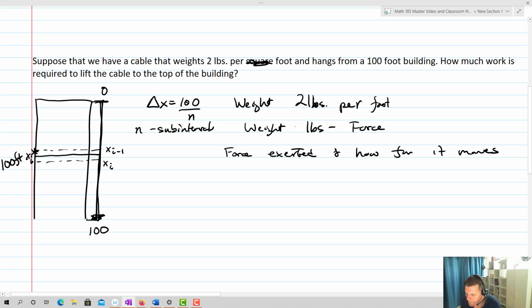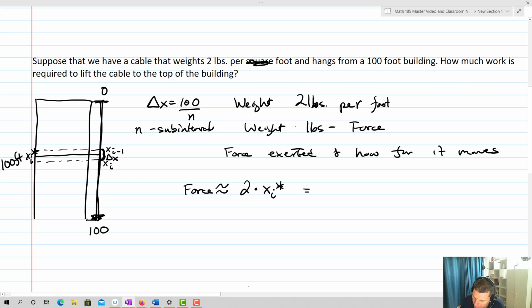And this is delta x, a particular distance that our object is going to travel. Now, the force acting upon this ith interval is going to be approximately 2 times xi star.